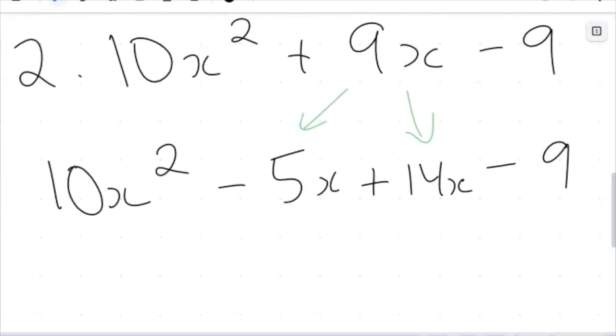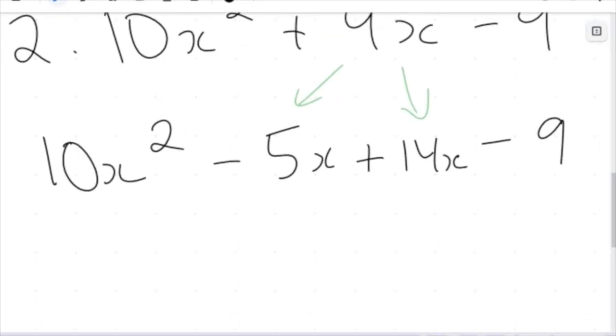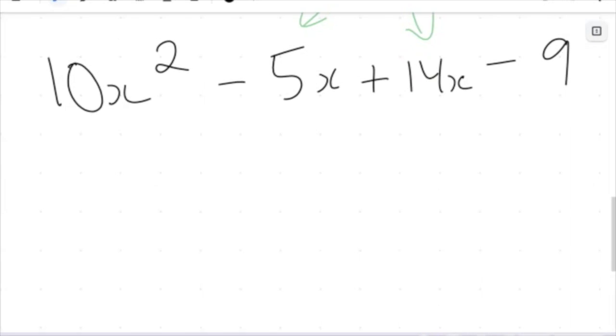Those two things still add up to give me 9x. Let's see if that works now. Now I'm going to maybe factorize, because I have even numbers here. Let me try to factorize these two. And let's see what I end up with.